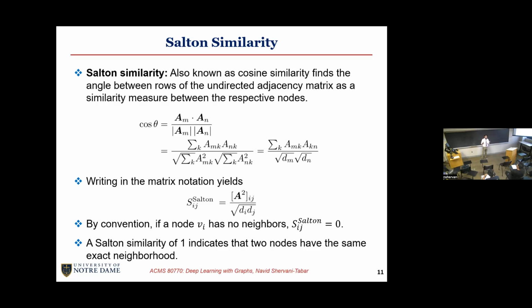Therefore, both of those nodes i and j share node k. Both of them are connected to node k. So the total number of those is compared to the square root of their degrees, and if all their neighbors fall on the paths of length 2, then this is going to be equal to 1.